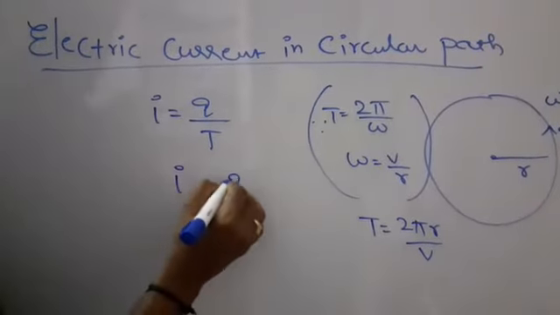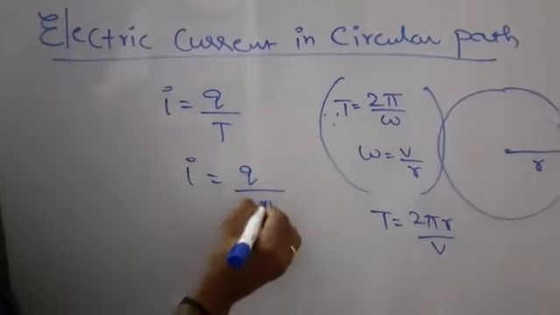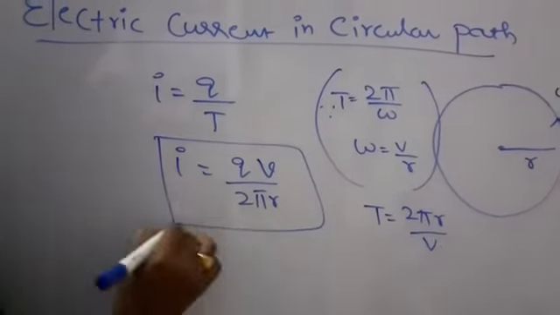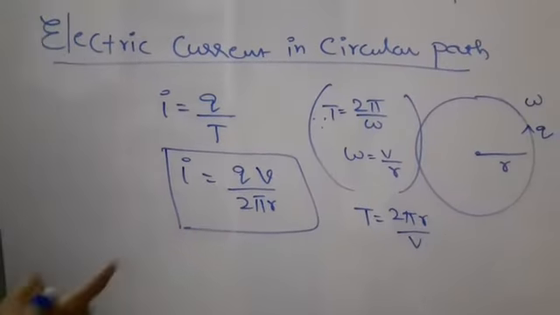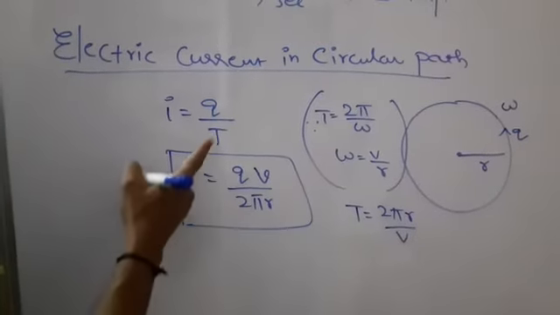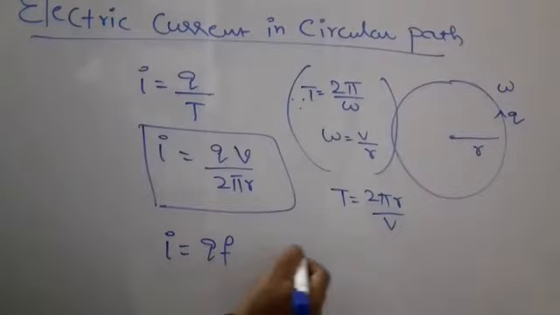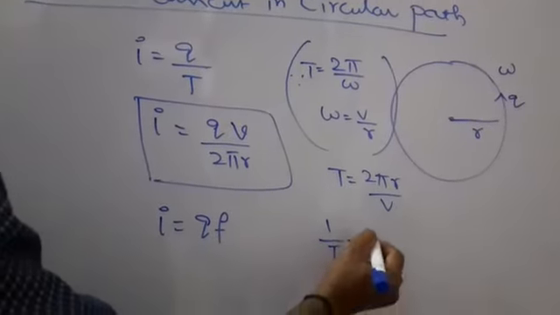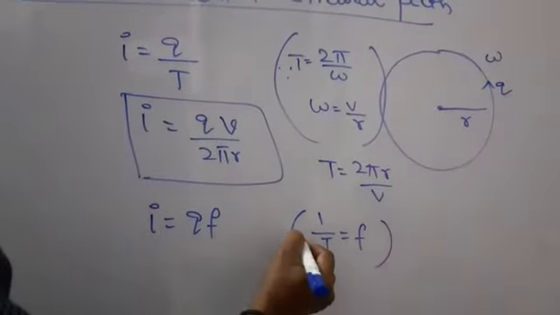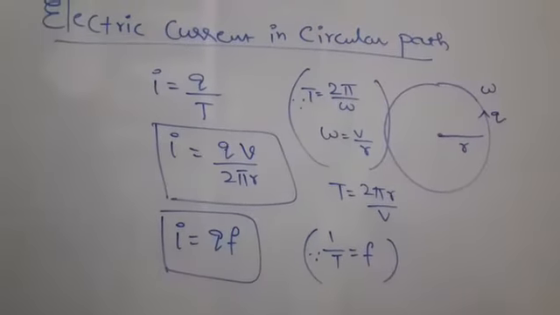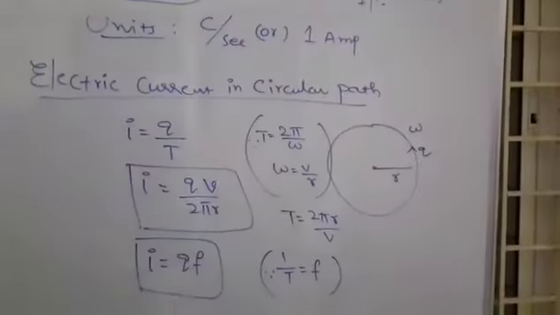I is equal to Q divided by 2 pi R by V, that is QV by 2 pi R. In terms of frequency, I is equal to Q into F, because the reciprocal of time period is called frequency. These are the current in circular path formulas.